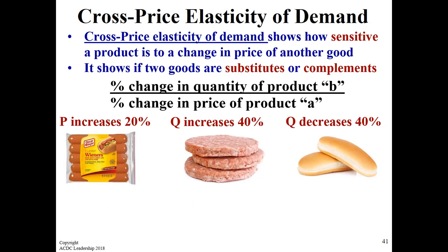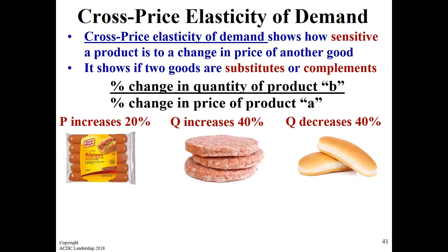Does the 40 always go on top? Yes, only because, Lorenzo, quantity always goes over price. So this would be the price of product A on the bottom, over the quantity of product B. Is that negative 40% for the buns? Yes, because it's decreasing, right?